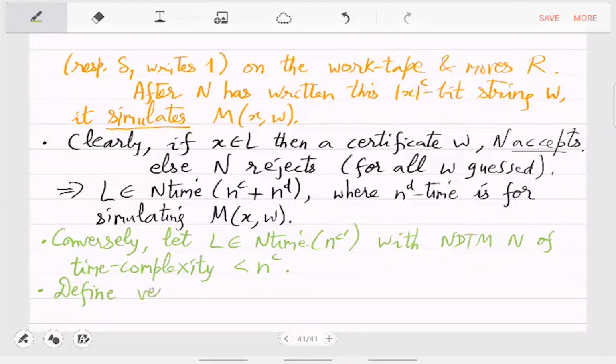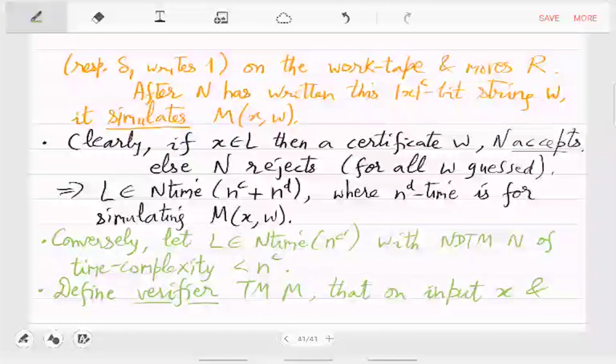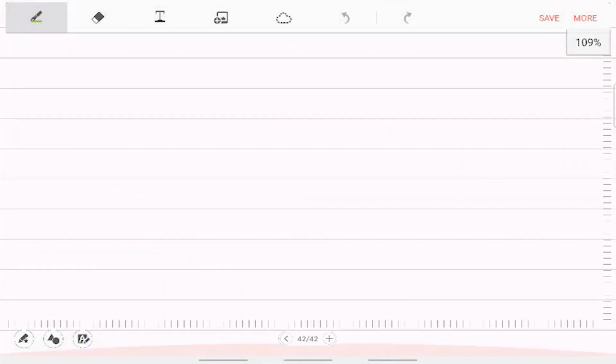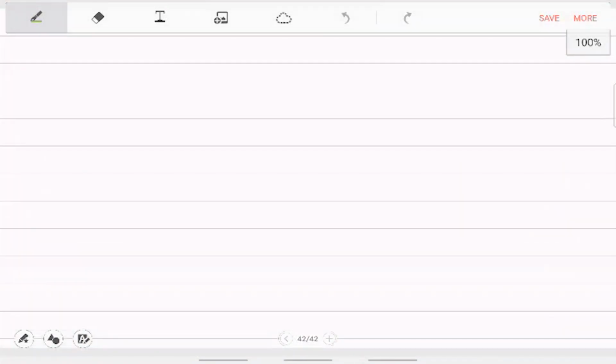So define verifier Turing machine M that on input X and string U does what? Just what N does.